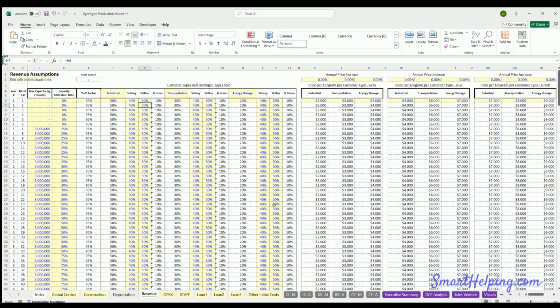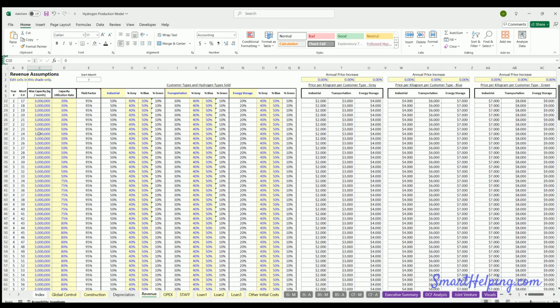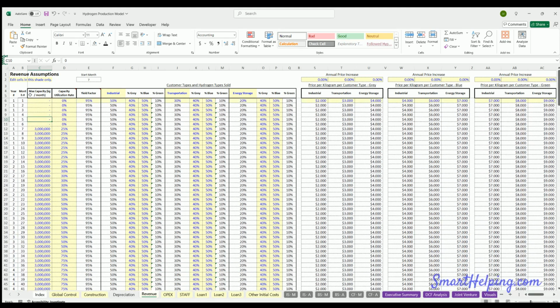The revenue tab is quite comprehensive. So here we're going to figure out how much hydrogen we are possibly able to produce in one month. So you can put that down in column C. This is generally just the maximum capacity of the plant. It wouldn't change unless you did expansions in the future. But that's the maximum capacity. Then you've got your capacity utilization rate. This is how much of the maximum that you can produce are you actually producing.